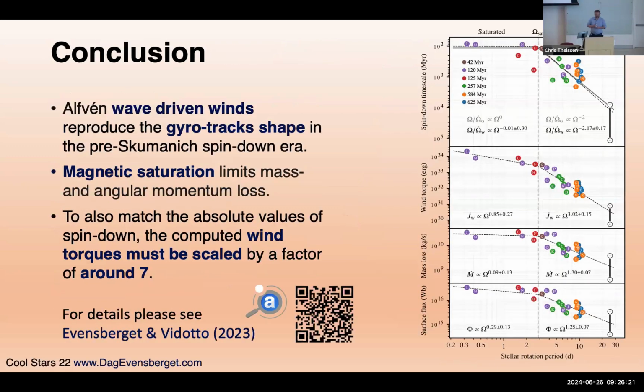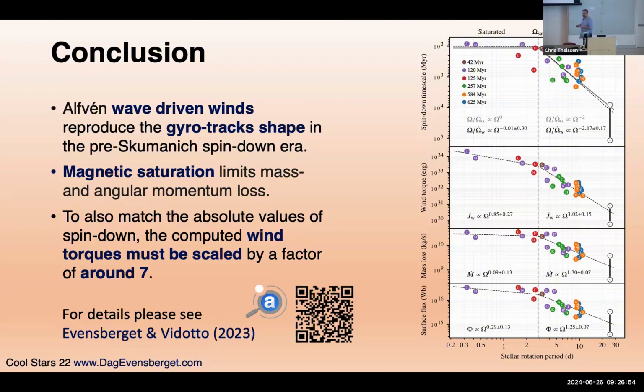So that's my conclusions. To say it one more time, what we see is that we reproduce the shape of the distribution of rotations as a function of age. And the magnetic saturation observed with ZDI carries through the numerical model into a saturation of the mass loss.